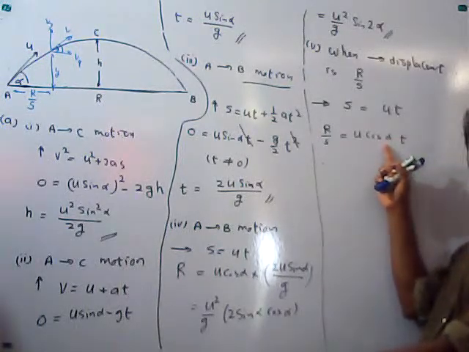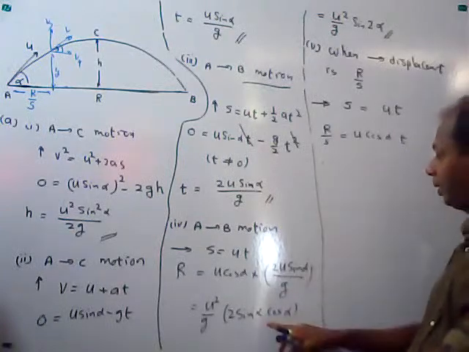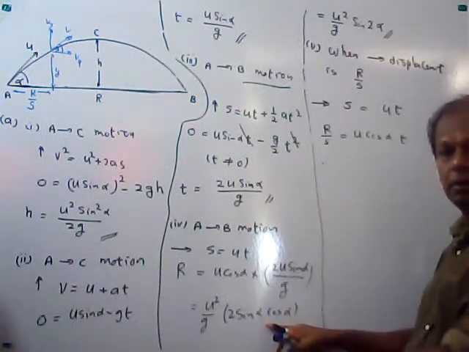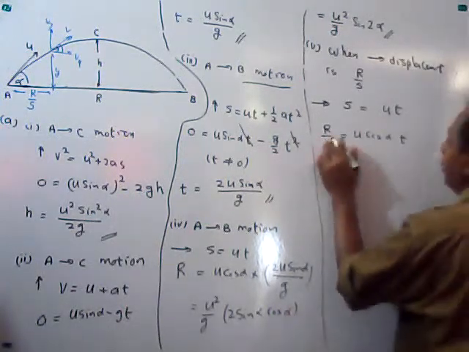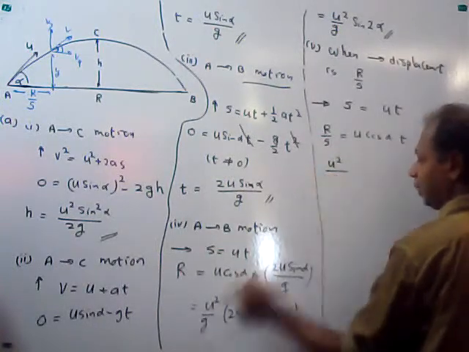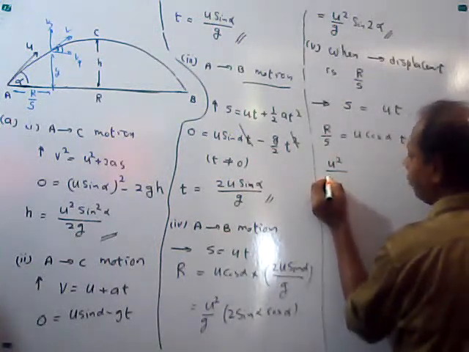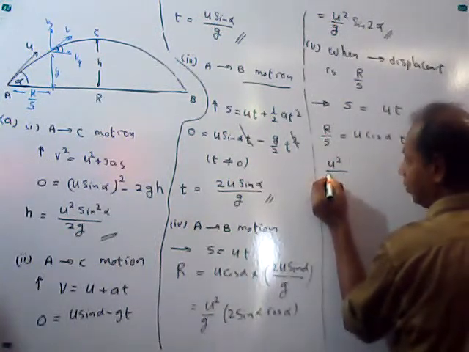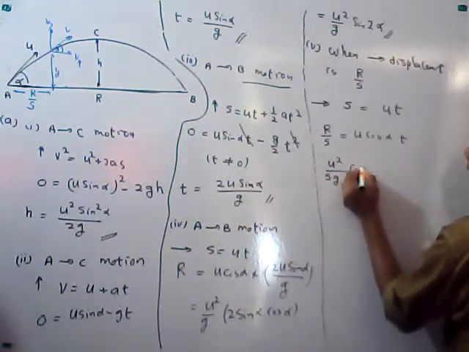On the other side, you have u cos alpha. So if you apply this for r, things will get simplified. So better we use this. So r over 5 is u squared over 5g 2 sine alpha cos alpha.